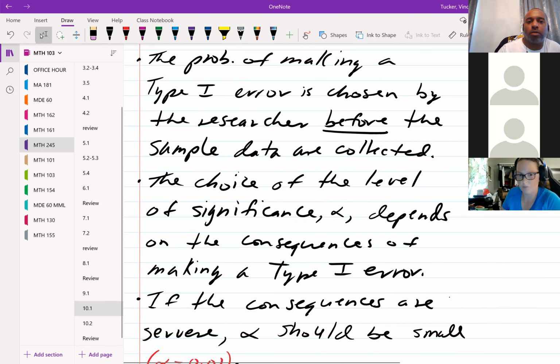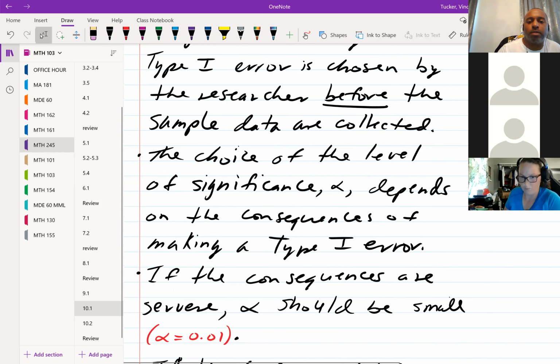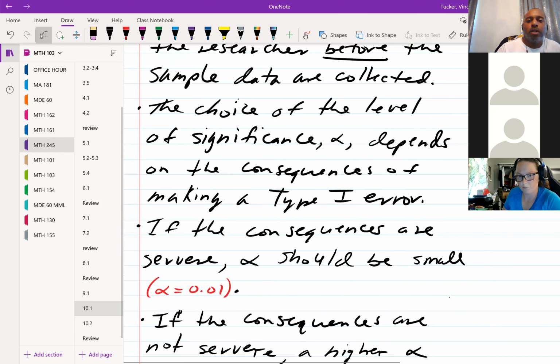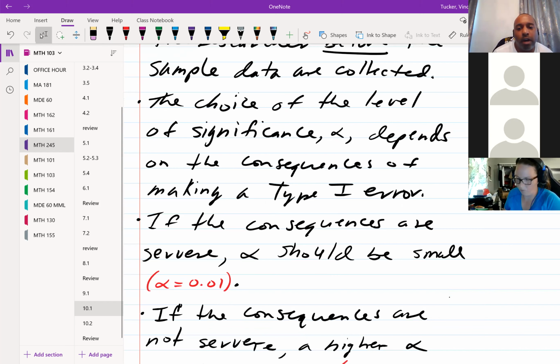All right, scrolling up. If I scroll up too much, let me know. If the consequences are severe, alpha should be small, such as 0.01.